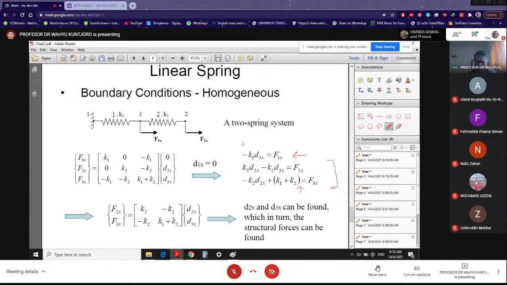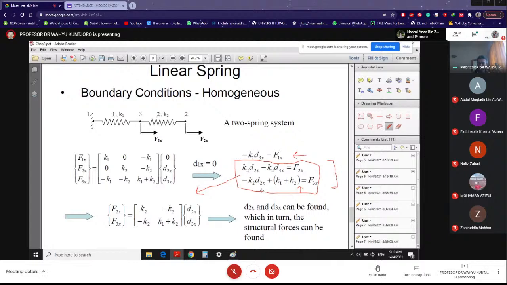And actually, if you look at this equation, you can write this equation as a matrix. So that equation that you see over there, you can write it in matrix. This matrix here at the bottom, mathematically, is the same as these equations.